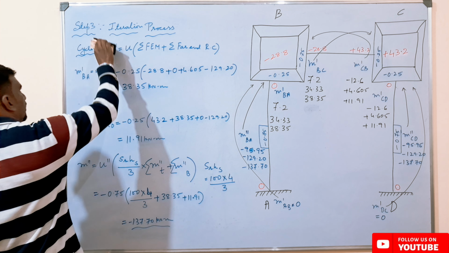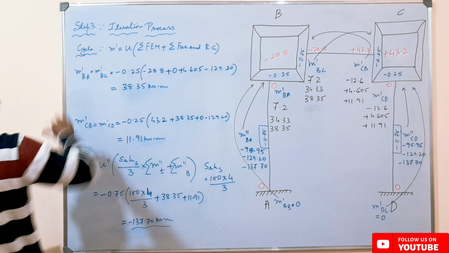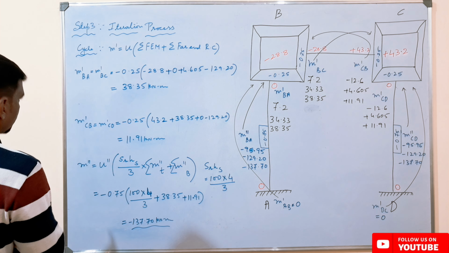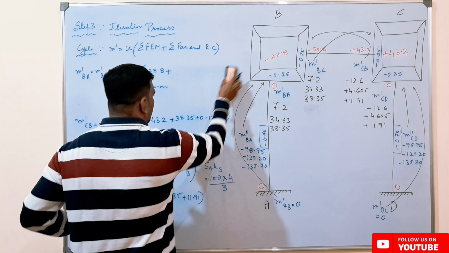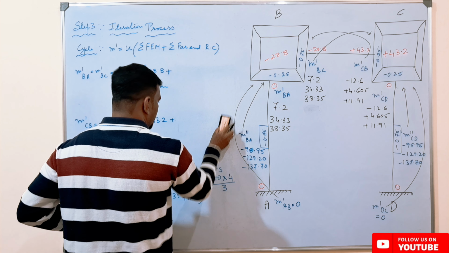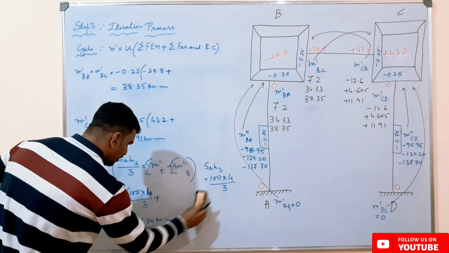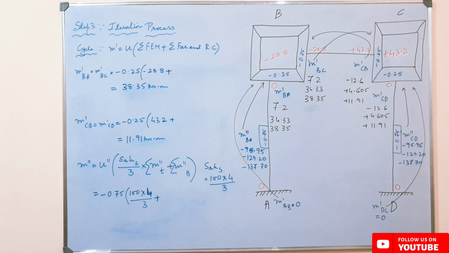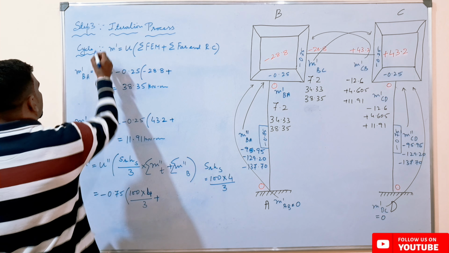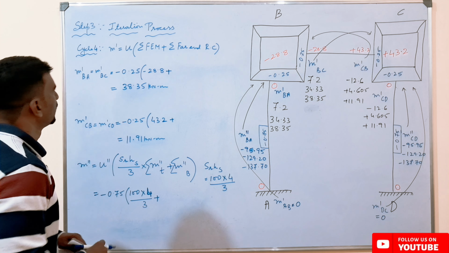So next will be the fourth cycle. So for fourth cycle also, the far end rotation contributions changes. So see here. So this is the fourth cycle.